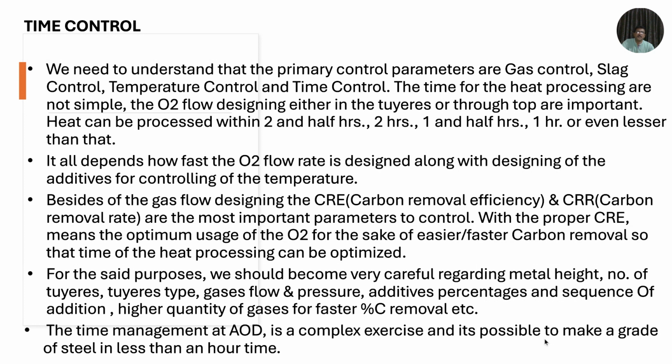For this purpose, we should be very careful regarding metal height, number of tuyeres, type, gas flow and pressure, additive percentage and sequence of addition, higher quantity of gases for faster carbon removal, etc. Time management at AOD is a complex exercise, and it's possible to make a grade of steel in less than an hour.